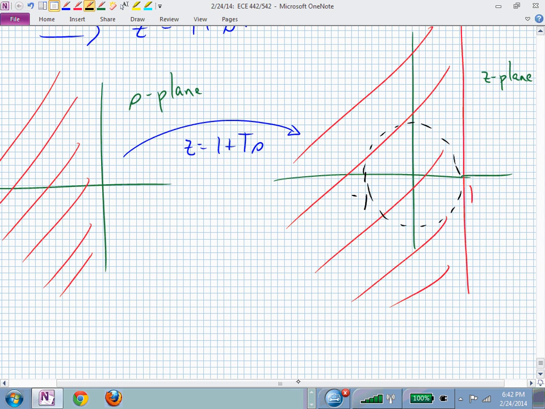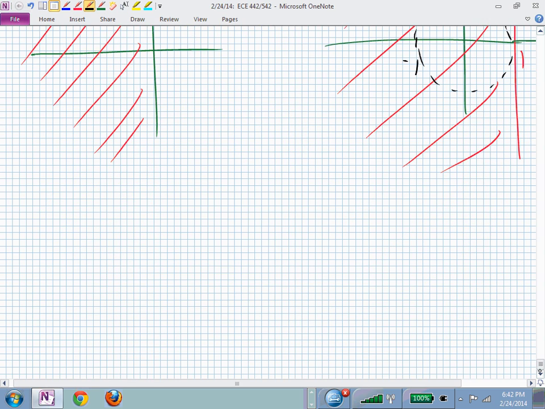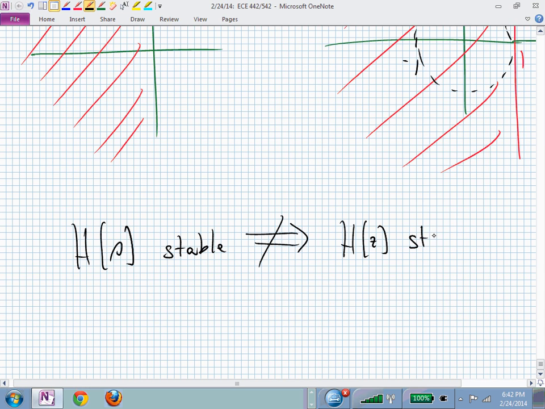What I'm trying to illustrate here is that if we started with a stable H of S, we are not guaranteed of H of Z being stable.